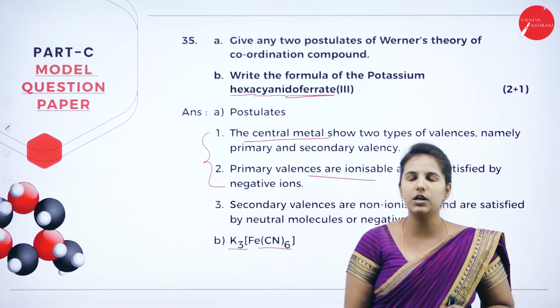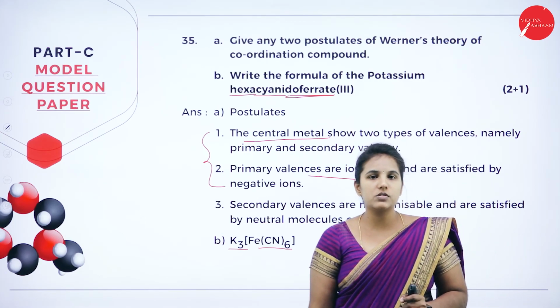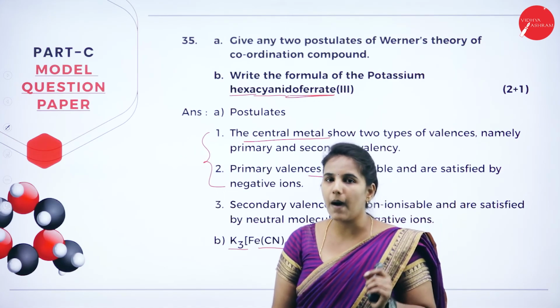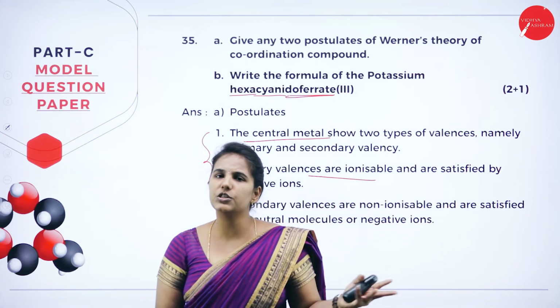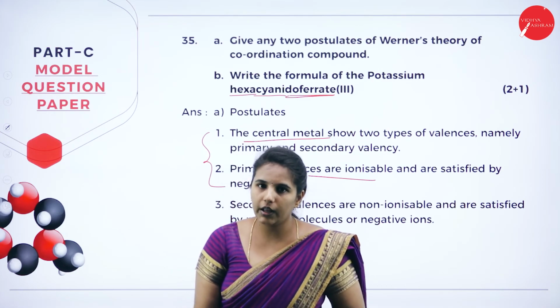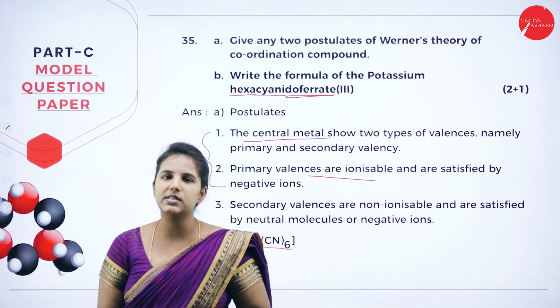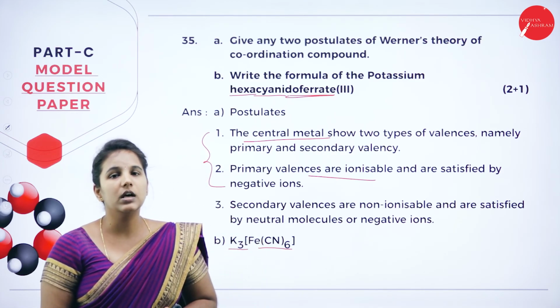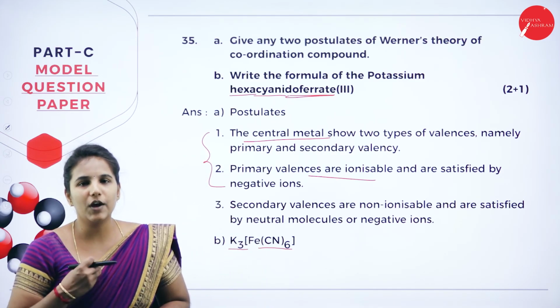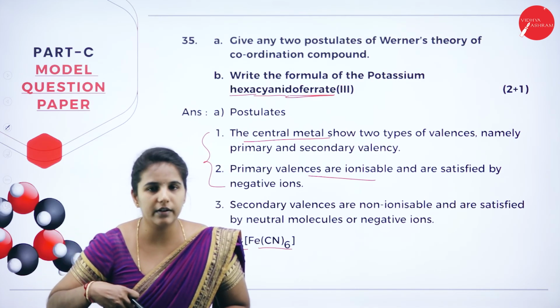So hope you understood, and it is very easy to score 15 marks in Part C because all these questions come from your inorganic chemistry, so have a look at it. All these questions are very easy to attend, and the only thing is you need to recall and practice the chemical reactions.